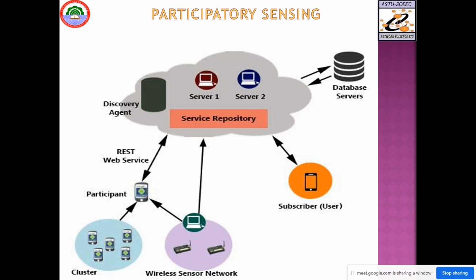Participatory sensing means that if I am interested in participating in the communication, if I am interested in communicating with other nodes in that network, then we call it participatory sensing. If you are able to participate in the network, then only you are going to get the sensed data. Even if you are in the same communication region, if you are not willing to participate, or not allowed to participate, you are not going to get any information transmitted by other nodes.